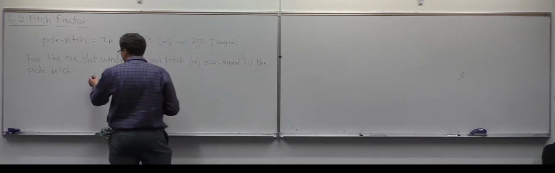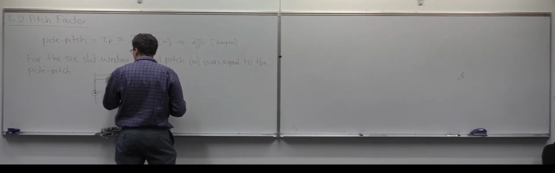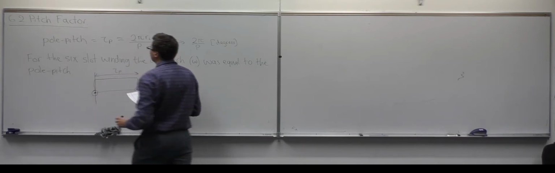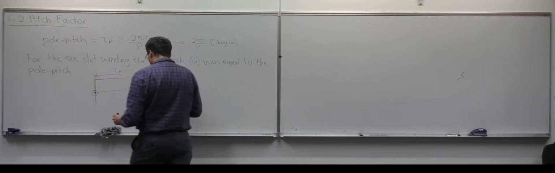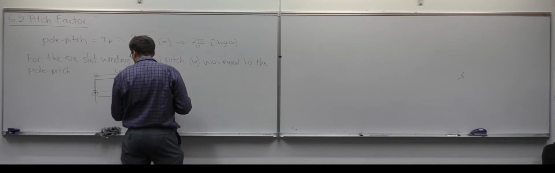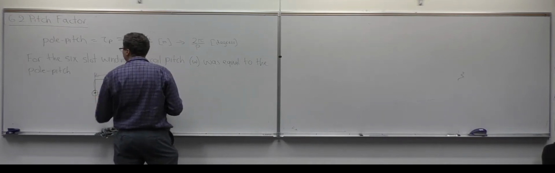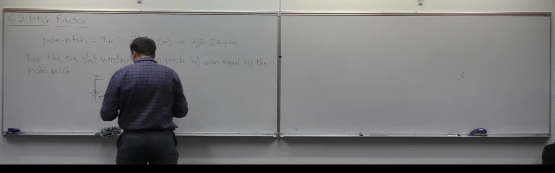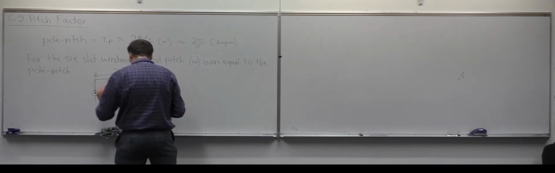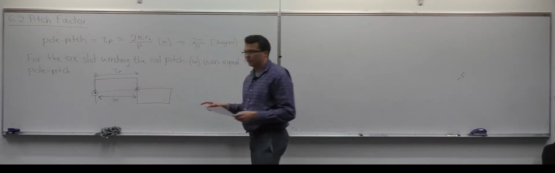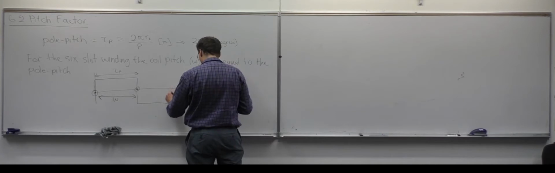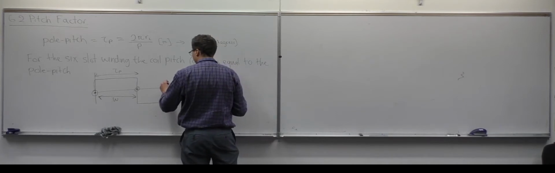We could make this distance here TP, the pole pitch, and this distance here the coil pitch, W. They're the same. Where this is angle, this would be 360.